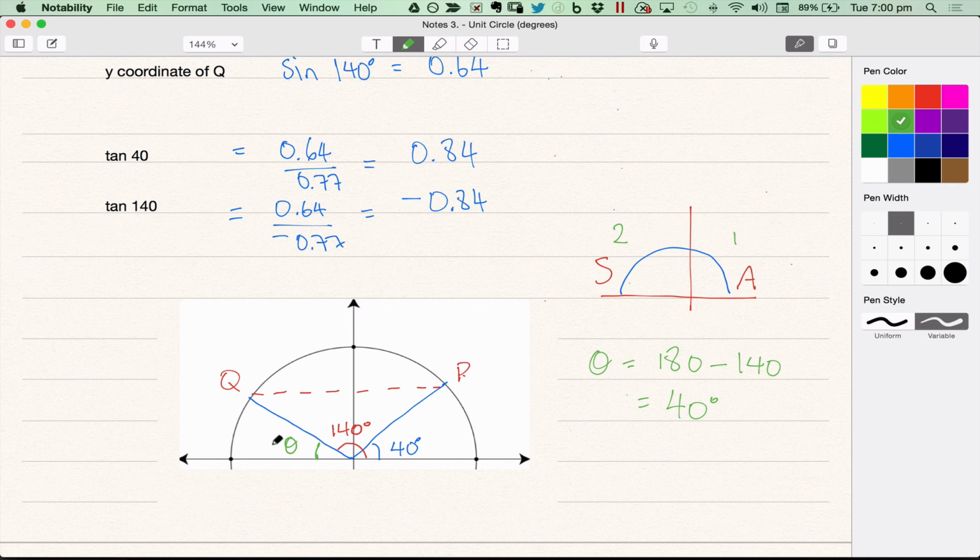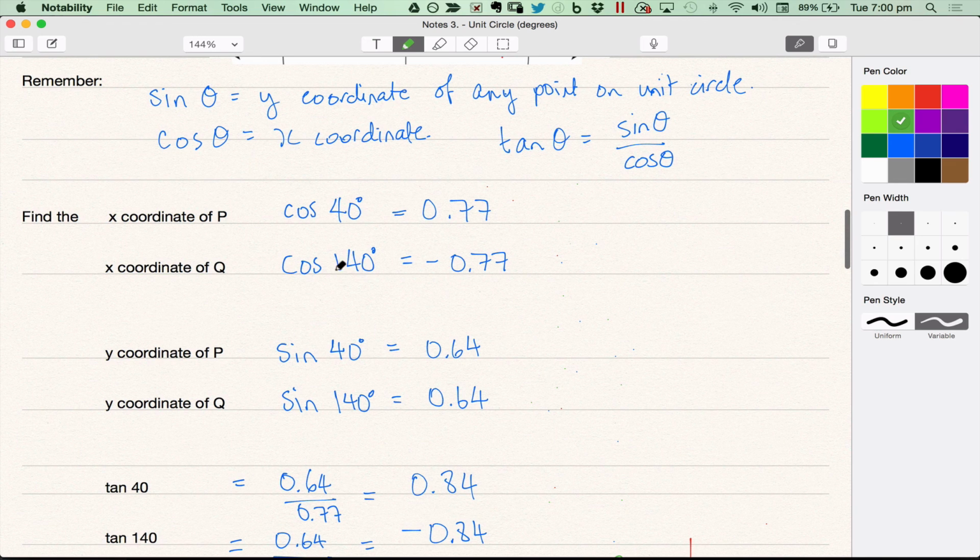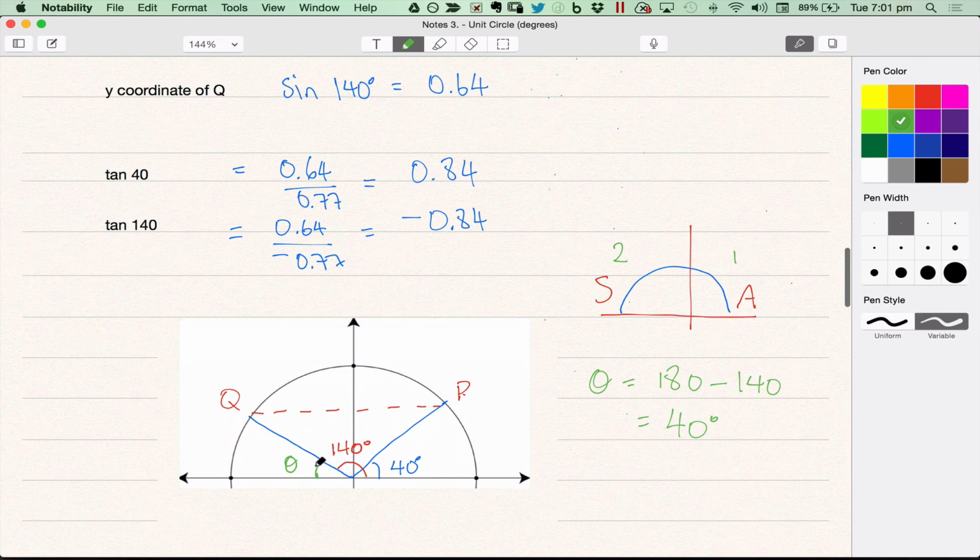Have a look at this. This is 40, this is 40. So what we could have done up here, instead of doing cos of 140 for Q and sine of 140, we could have just used what we already had here, because we know that 40 degrees will give us the same solution as 140. And this is really important that we can do this.